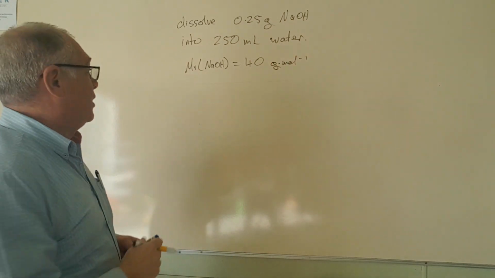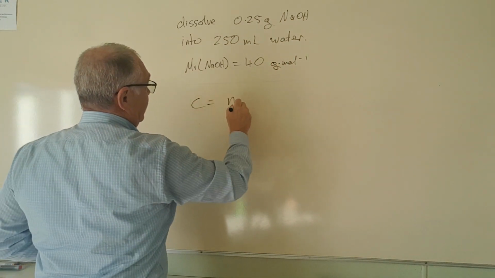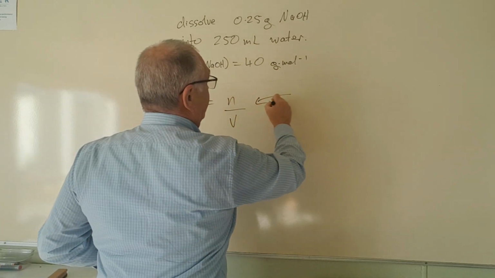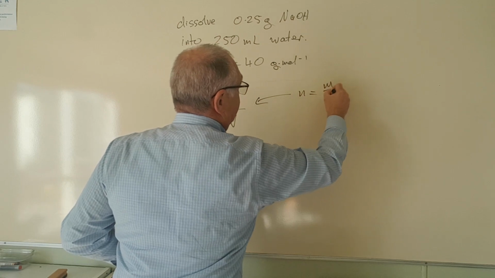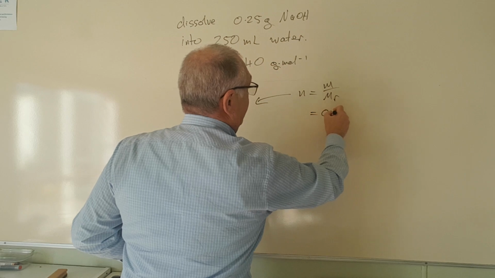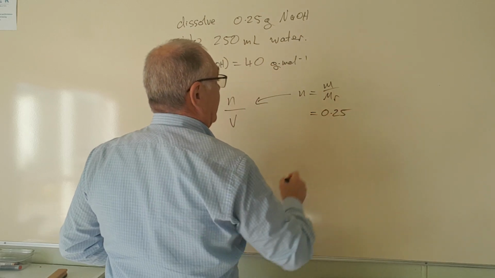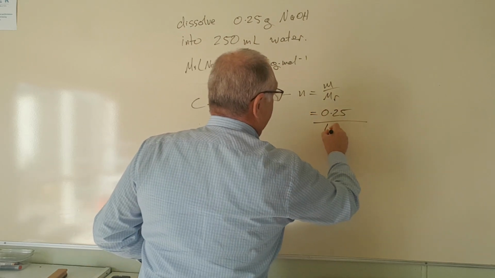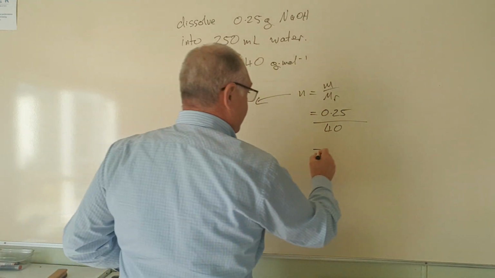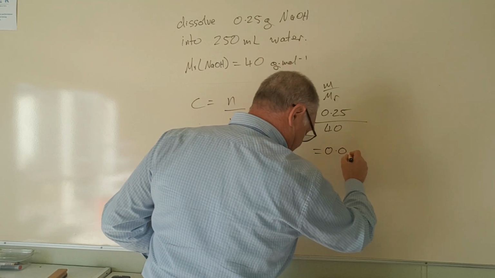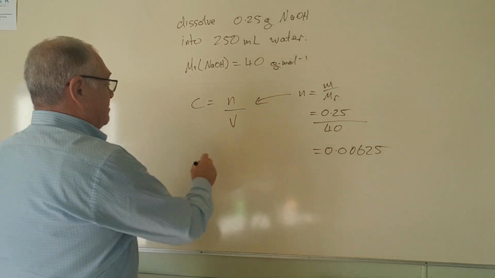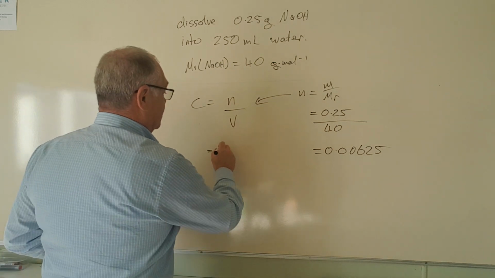So to work out my concentration, I need to know the number of moles. I work out the number of moles because it's the mass over the relative molecular mass. The mass is 0.25 grams. The molar mass is 40, and so 0.25 over 40 is 0.00625.